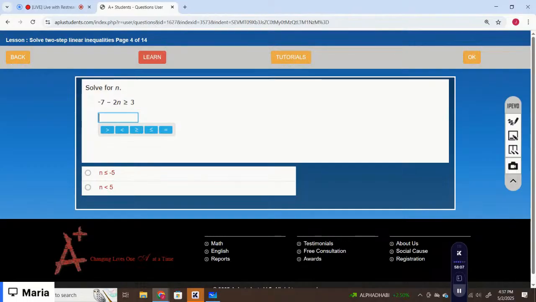Negative 7 minus 2n is greater than or equal to 3. So which is the correct option?